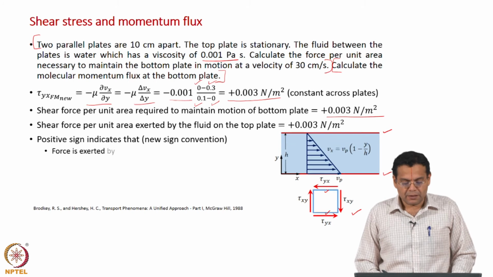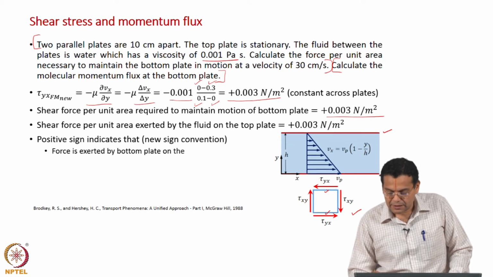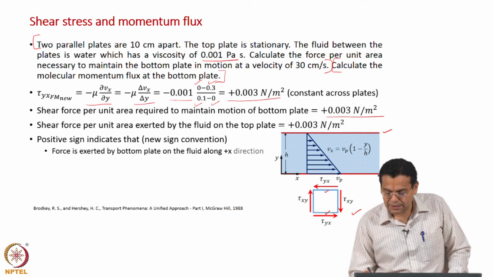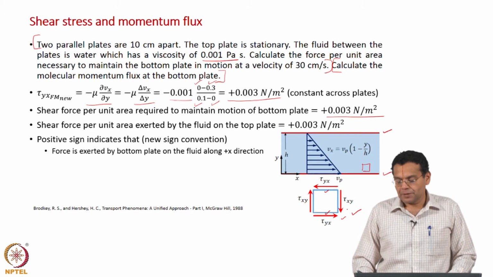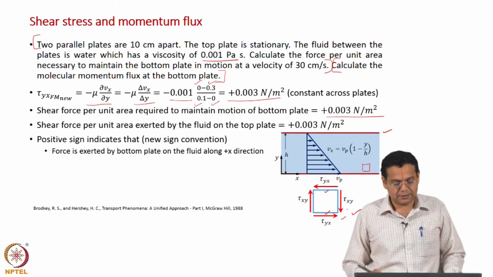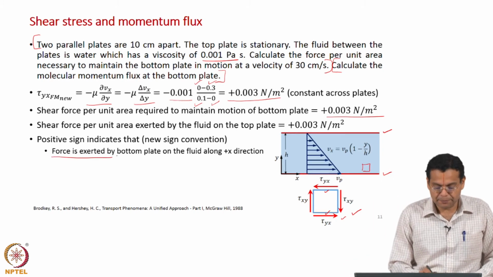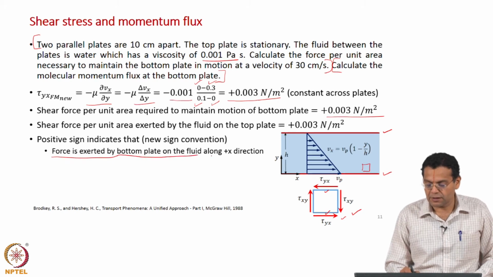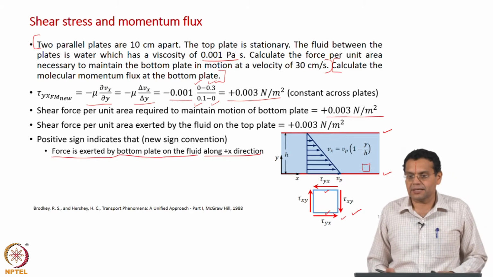Now, let us imagine the stress element here, and this positive force indicates that the force exerted by the plate on the fluid is towards the positive x axis, correct. Force exerted by the bottom plate on the fluid is along the positive x direction, that is understandable.